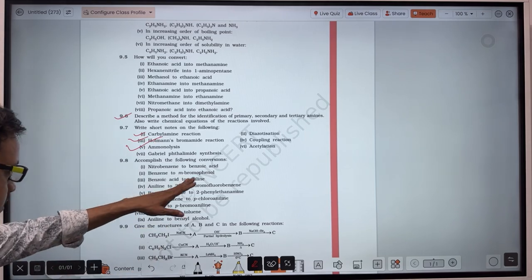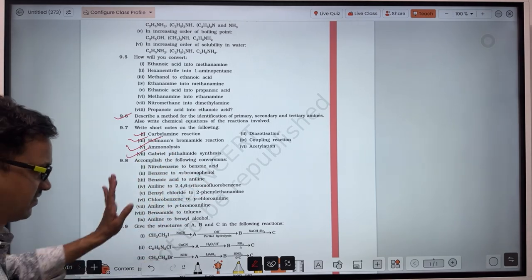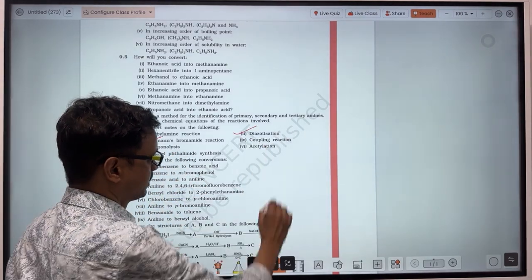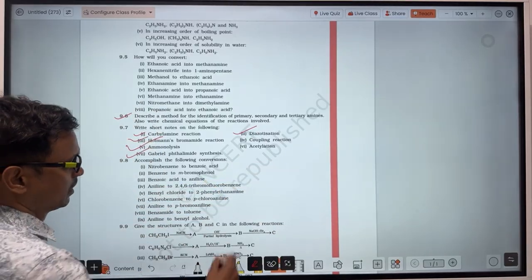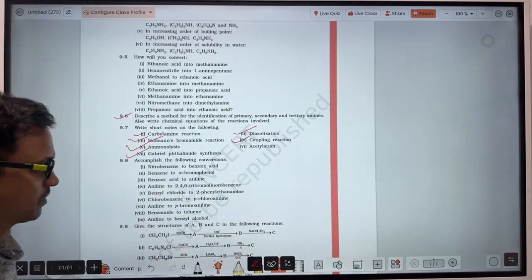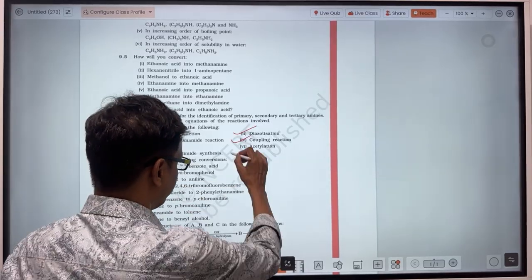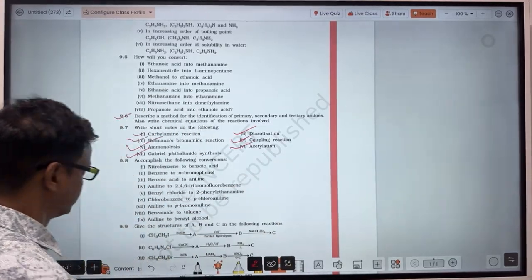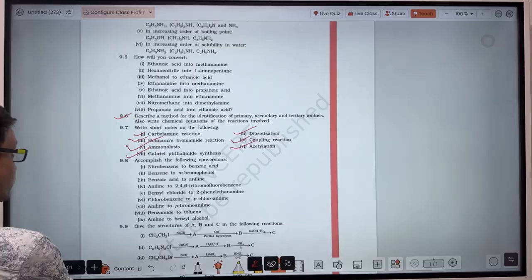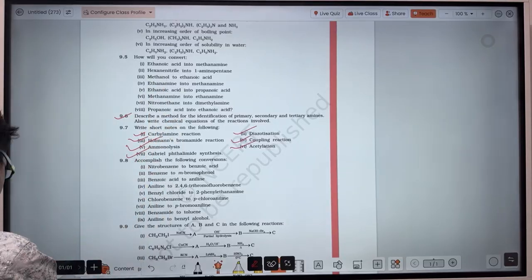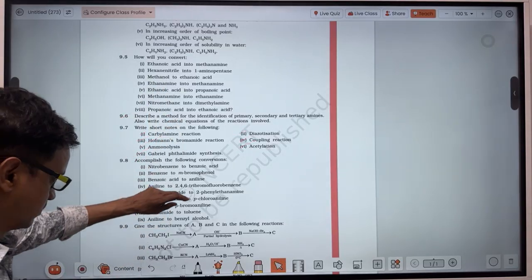Gabriel phthalimide synthesis, very frequently we have discussed. Diazotization done. The coupling reaction is used to distinguish, as a colored compound forms. Keep that in mind. Acetylation you have done. These conversion questions we will discuss later on.